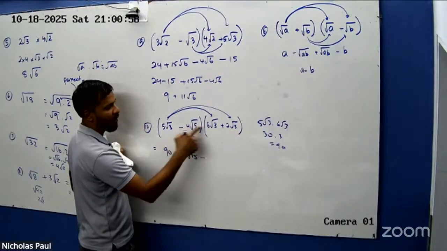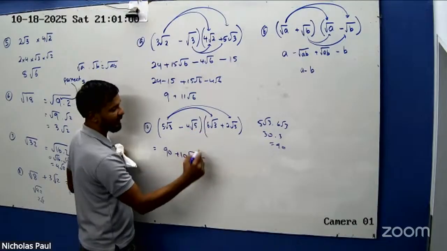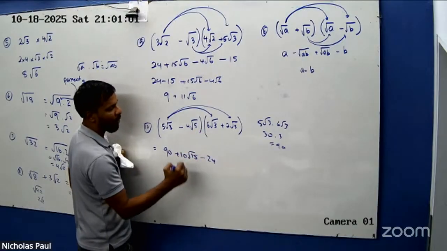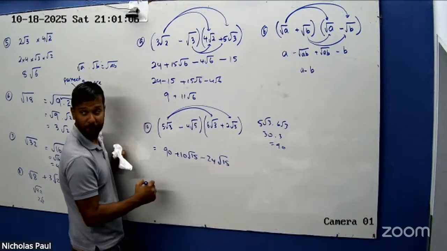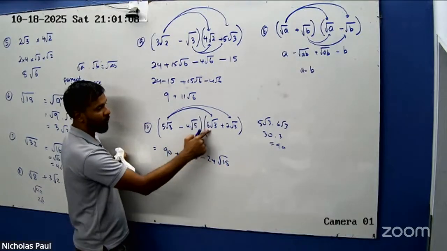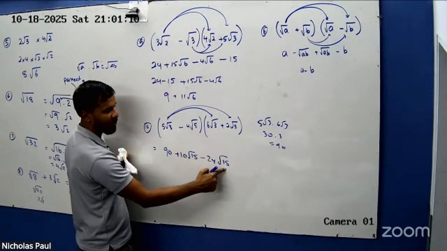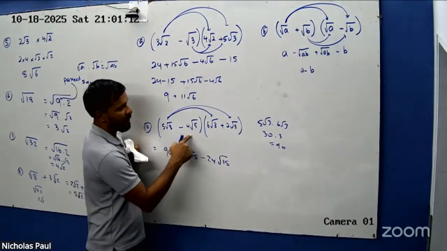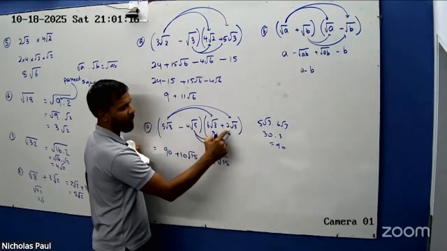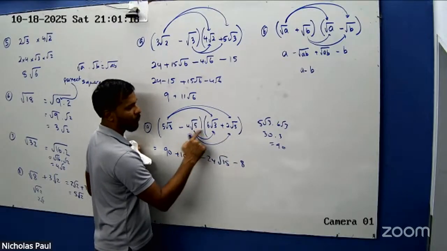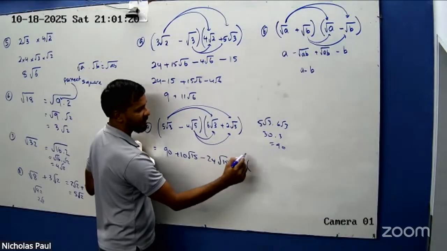Minus 4 by 6 is 24. Root 5 by root 3 is root 15. And the last one, minus 4 by 2 is minus 8. Root 5 by root 5 is 5.